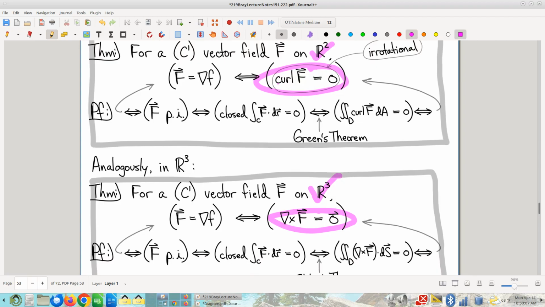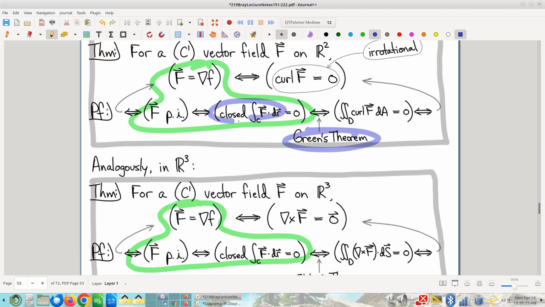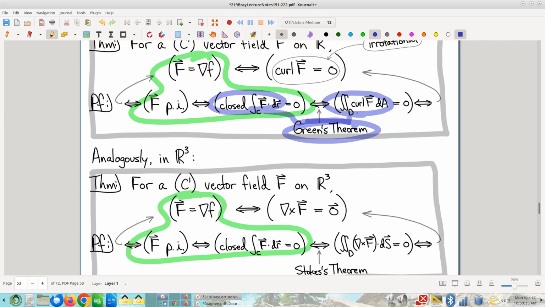The tool that we need to make this second argument is Stokes' theorem. So in the same way that we start with gradients being path independent, being vector fields where circulation is zero, in the same way that Green's theorem allowed us to relate circulations to double integrals of curl, in that same way, Stokes' theorem in 3 dimensions is the thing that allows us to relate circulations to now surface integrals of curl, which now, of course, is a vector field, not a scalar.